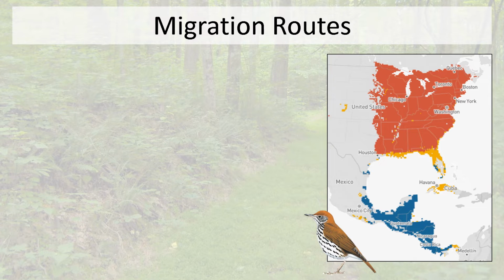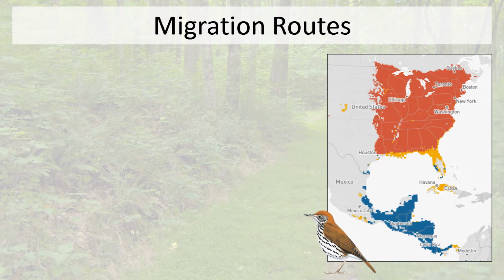So, when thinking about where birds could occur, it's helpful to think about a range map. So, here's a range map taken from the eBird website for the wood thrush. Now, this kind of reddish area is where the wood thrush breeds. This blue area is where the wood thrush winters, and these yellow areas are regions where wood thrush can be found during migration.